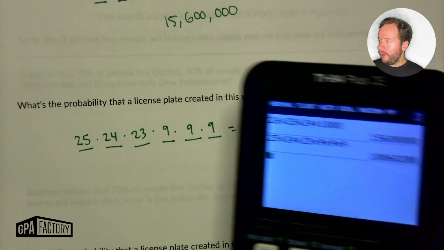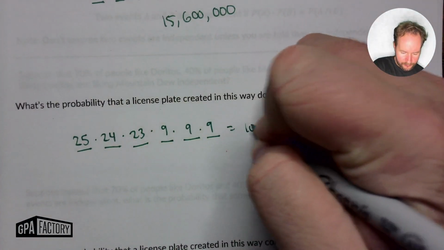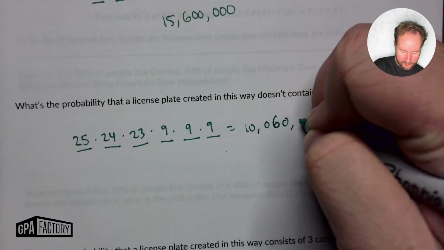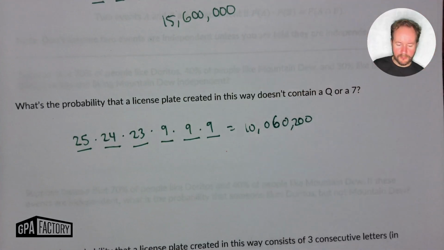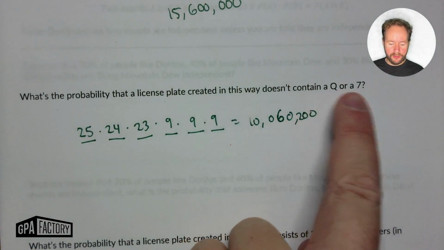So about 10 million, 160,200. Okay. Now I want a probability. So these are all the ways that you can create a license plate without a Q or a 7.